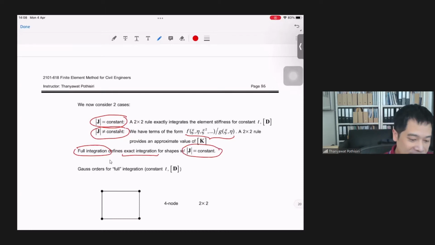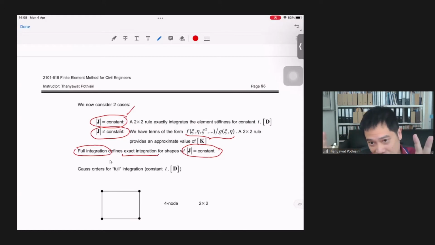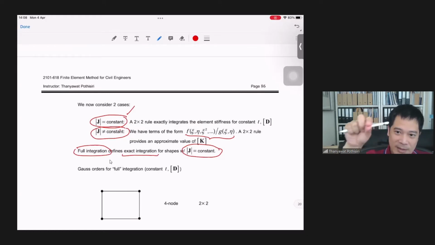Okay, so in the first case, where J is constant for a rectangular shape or a parallelogram shape of your element, if you can use this number of sampling points to exactly integrate your element stiffness matrix, then this is called full integration order.